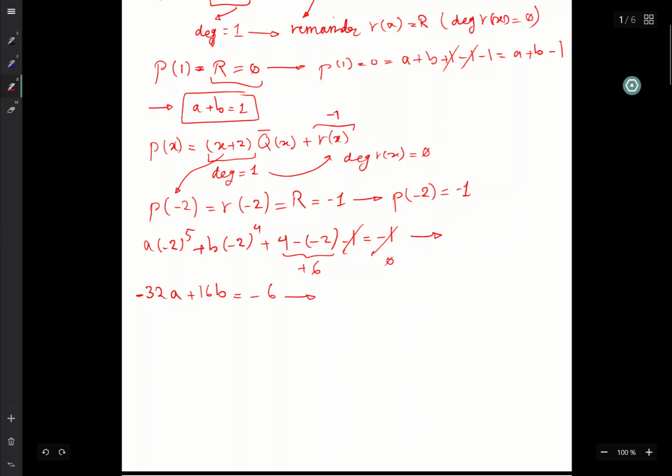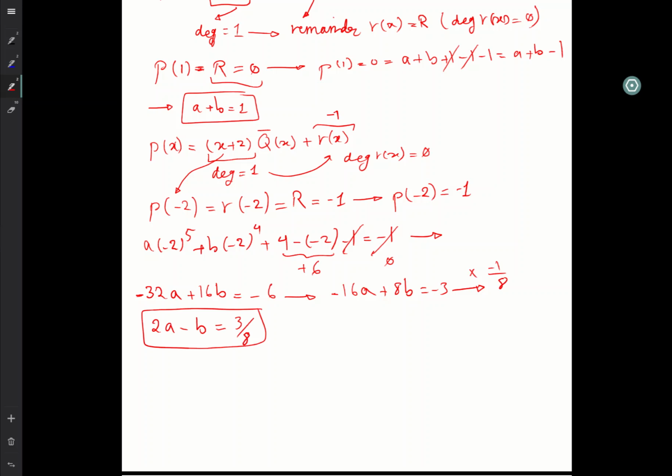So -32a + 16b is equal to negative 6. And we can divide by 2: -16a + 8b is negative 3, and then multiply by -1/8. So 2a - b is 3/8. So this is the second information.